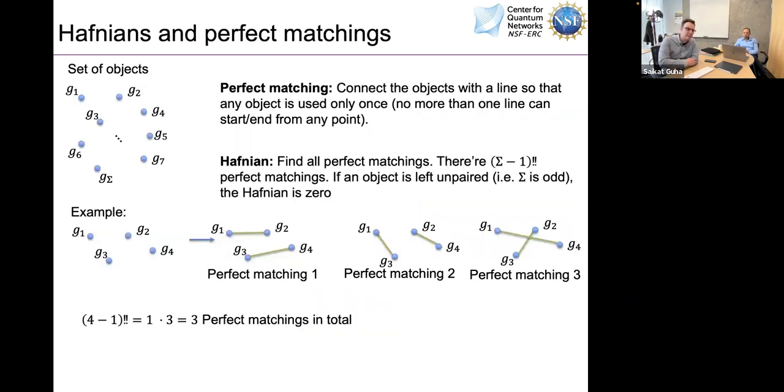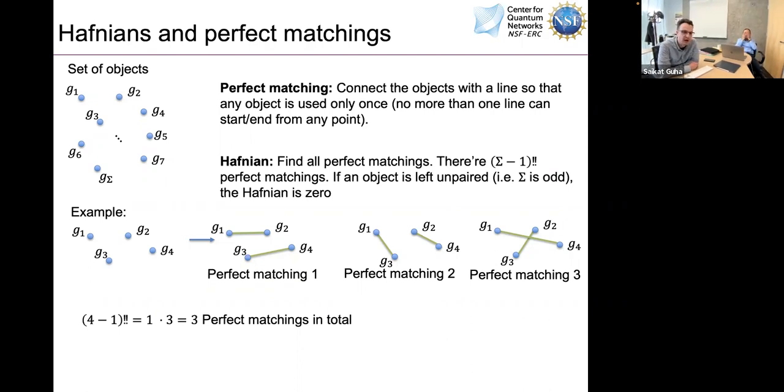Now, let's discuss a little bit about Hafnians, a more abstract explanation of things. What is a Hafnian? What is a perfect matching? How does that scale with the number of objects you have? Well, imagine you have a set of objects. I don't even define what these objects are. Some dots, whatever.